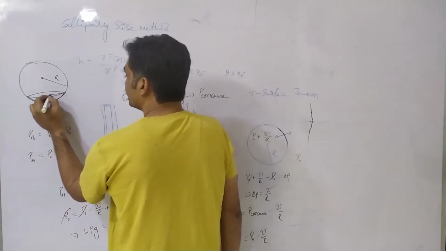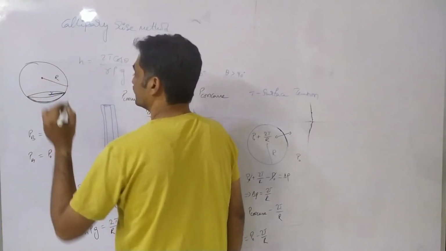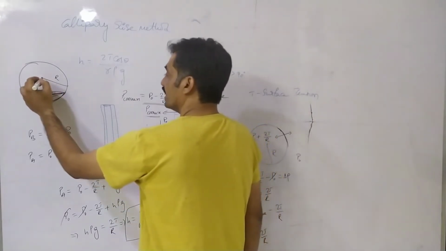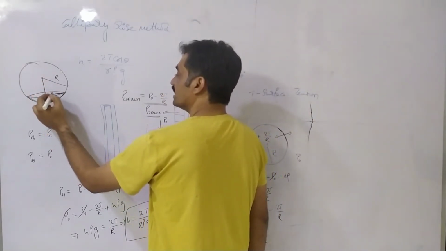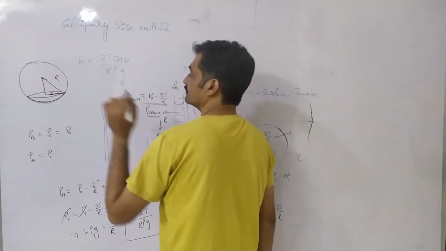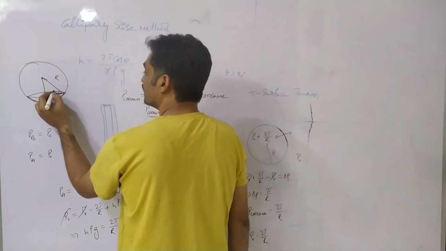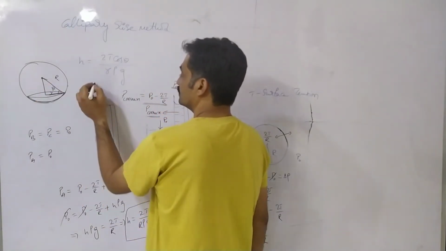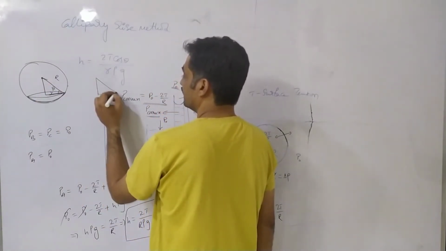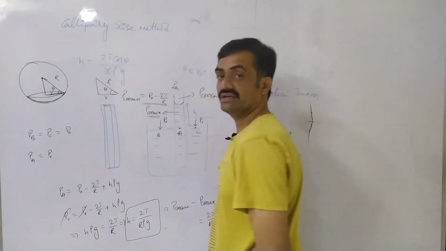Now the radius of the meniscus, nothing but capillary tube, is represented as R. Now by using this, we have to represent the height of the liquid level in this. Observe that this small r and capital R makes an angle of theta. So here the triangle is like this, small r and capital R, and here we have an angle of theta.